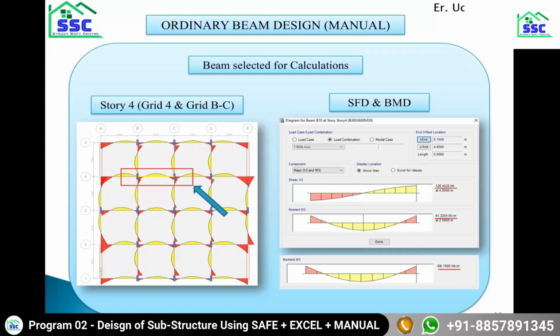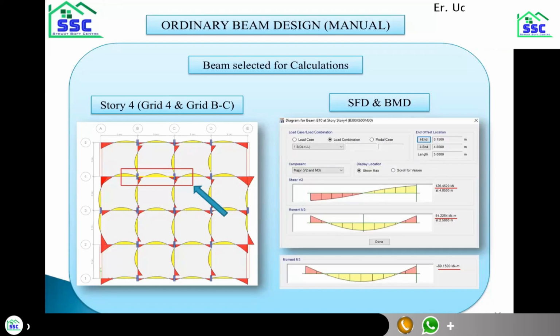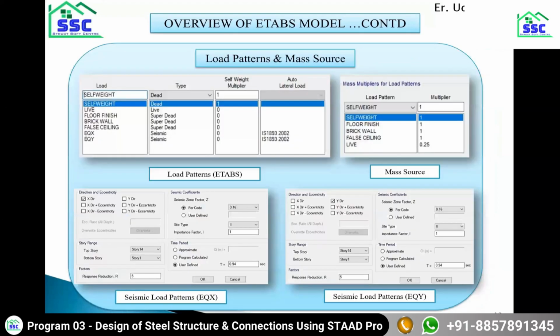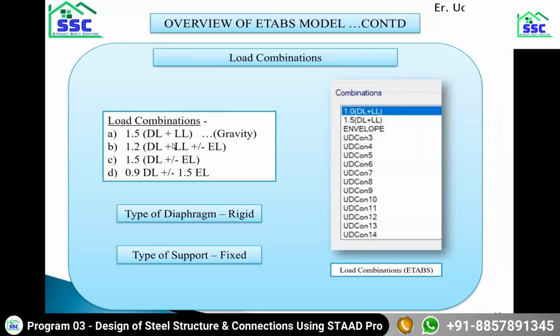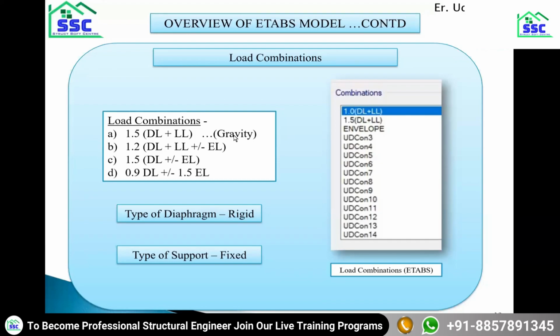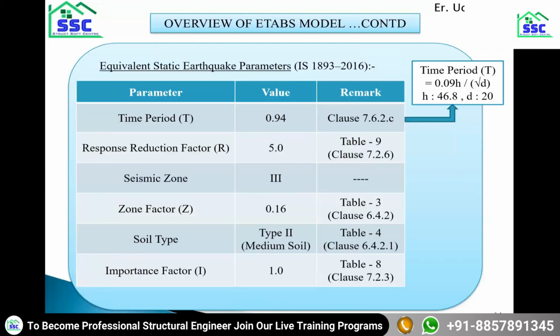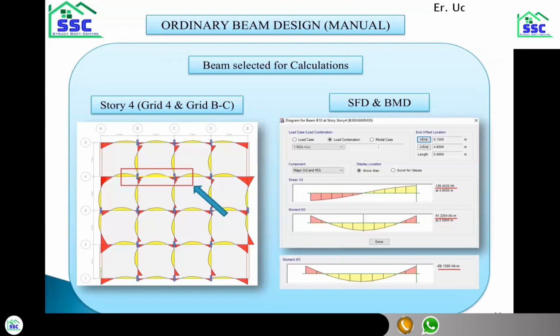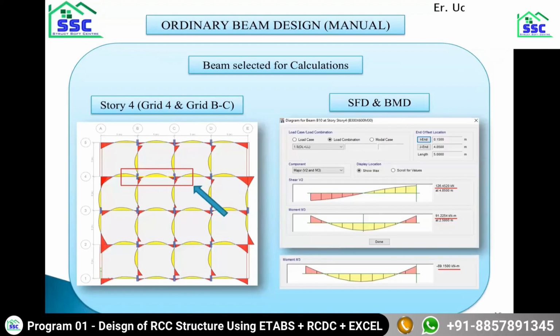Obviously it will be designed only for one load combination, that is 1.5 dead load plus live load, which was also highlighted in the previous slide. This is the first load combination of 1.5 dead load plus live load, which will be used for designing the ordinary beam.